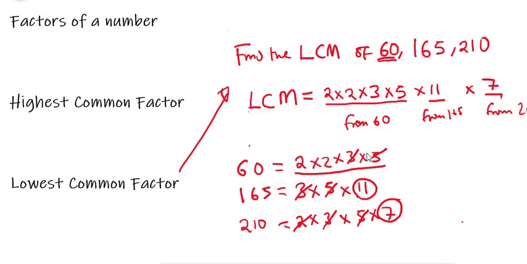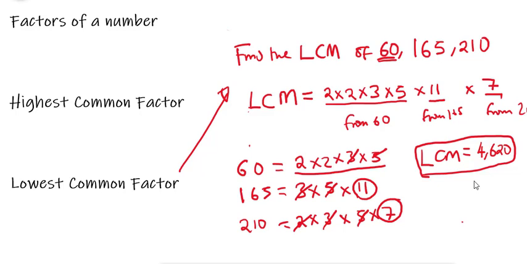So we multiply 2 times 2 times 3 times 5 times 11 times 7. The answer that we are going to get is so that the LCM is equal to 4,620. This is going to be our LCM, lowest common multiple.